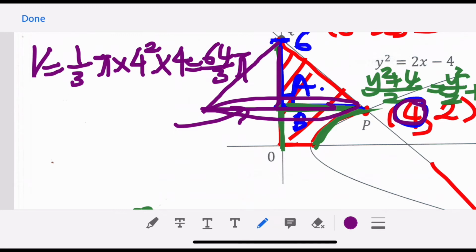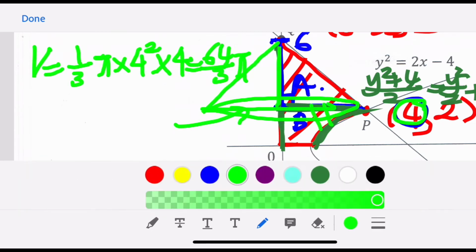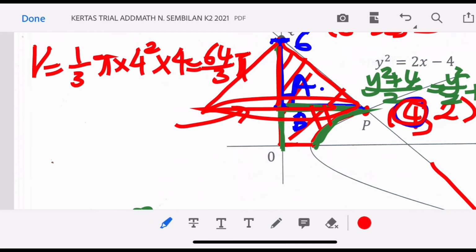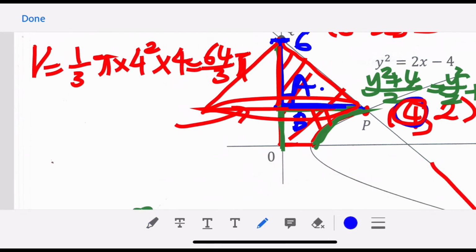And then for the volume of the other one, for this one, let's highlight using the green one. Okay, so let's focus on this area. This area is going to rotate about the y-axis. So the volume generated will look like this.